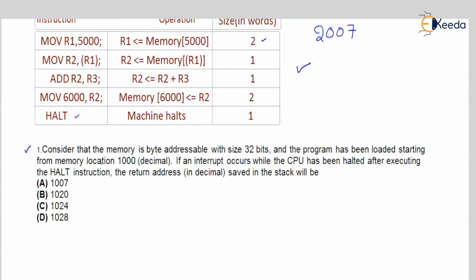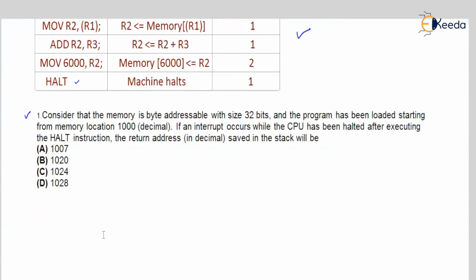The question is, consider that the memory is byte addressable. Just have a look at the details which are given in this question. Now, the first point that we got is memory is byte addressable, right?